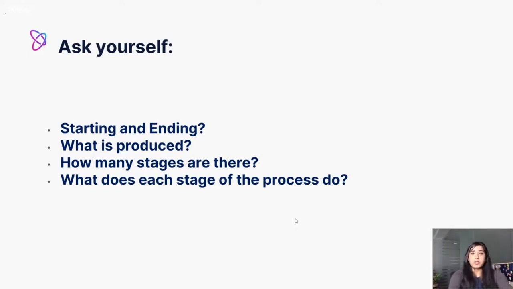So for example, if you get a question on brick manufacturing, again, that's a man-made process, you'll have to see where the process starts, maybe from the raw materials being brought in and mixed together, and it ends with the bricks being shipped out for distribution. What is produced? You'll know that bricks are being produced. How many stages are there? You can probably count the stages. There might be 4 to 5 stages listed on the page. And again, what does each stage of the process do?